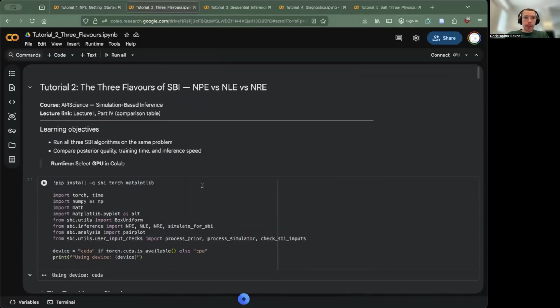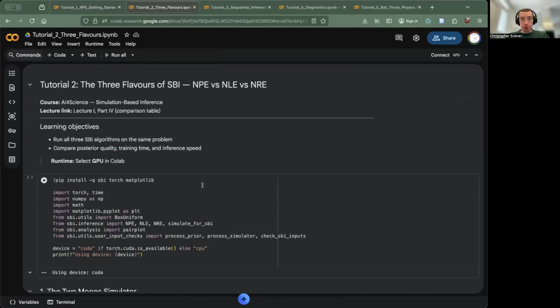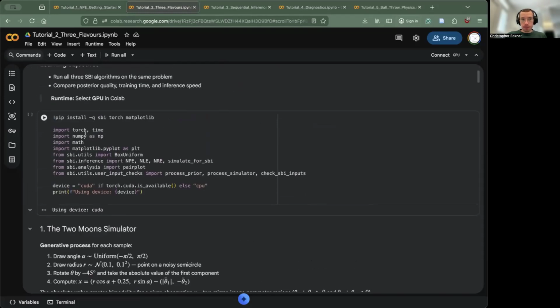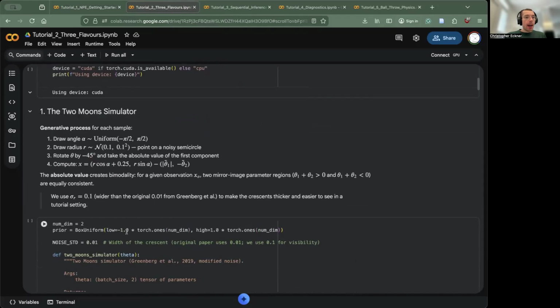Then let me switch to the second tutorial, which now compares neural posterior estimation, likelihood estimation, and ratio estimation, still employing the SBI package. And here, for this purpose, I've chosen a different simulation target, the two moons simulator.